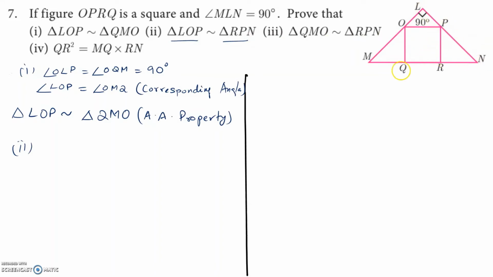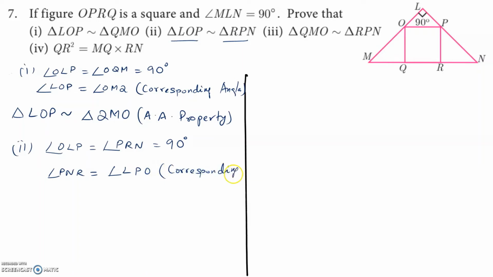Using the same method, we can say that angle OLP is equal to angle PRN, and that's equal to 90 degrees, and also angle PNR is equal to angle LPO, as they are corresponding angles.